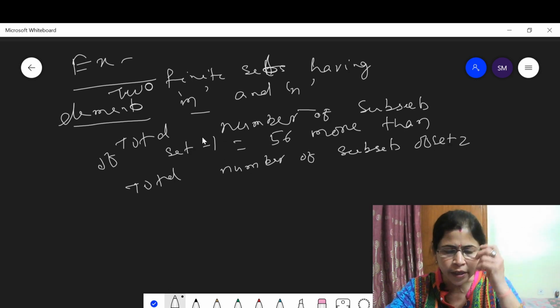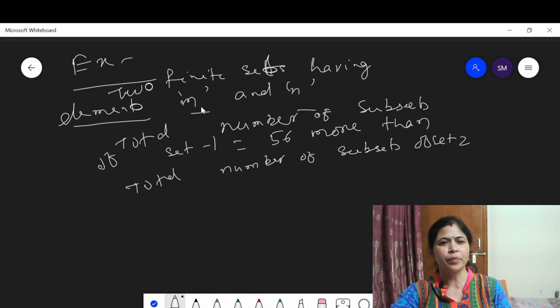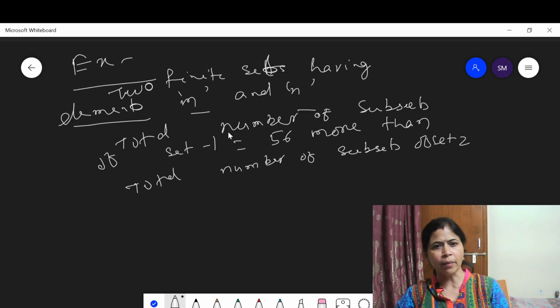Here the question says that two finite sets are given, having m and n number of elements. The total number of subsets of set 1 is equal to 56 more than the total number of subsets of set 2.